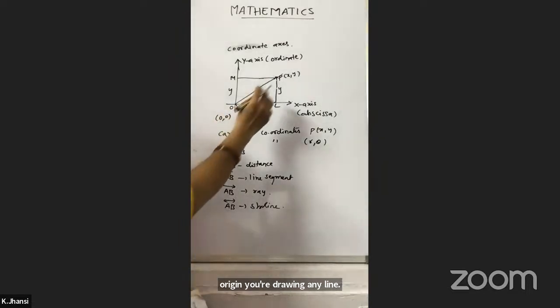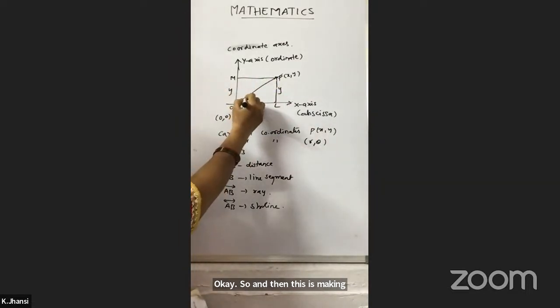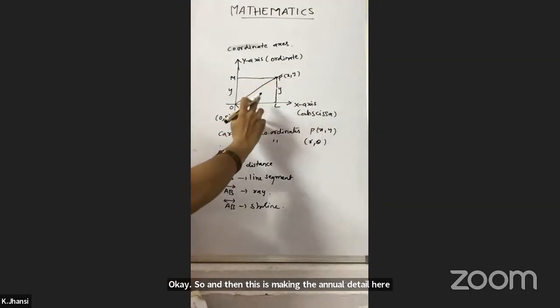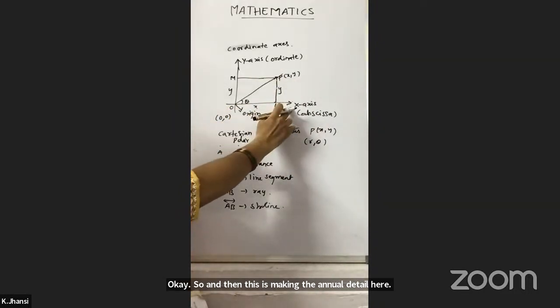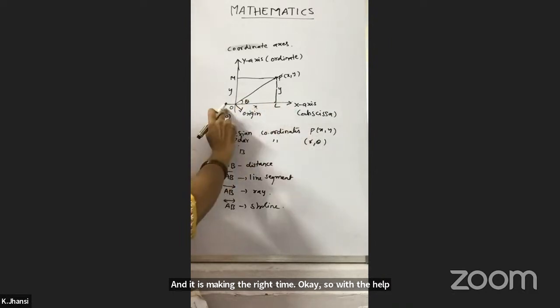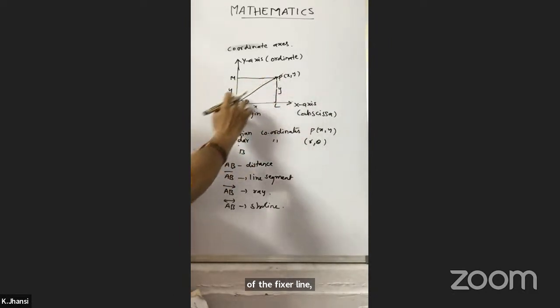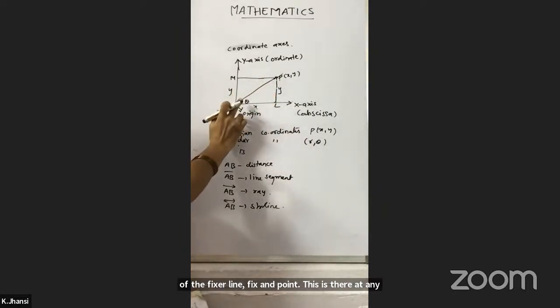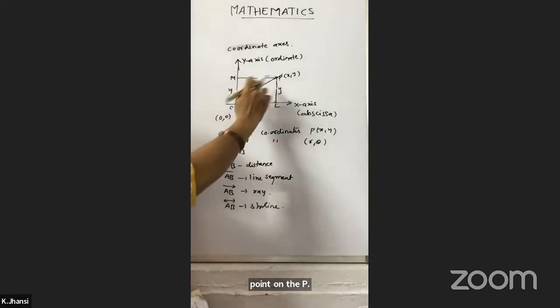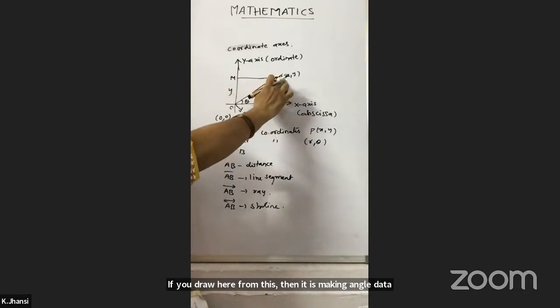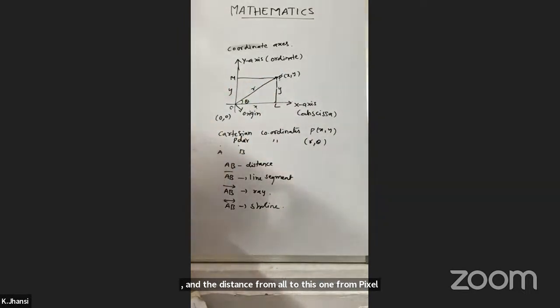Then this makes the angle theta here. With the help of the fixed line and fixed point, and any point P, if you draw from here, then it makes the angle theta, and the distance from O to this point, from the fixed point to the point, is represented as r.